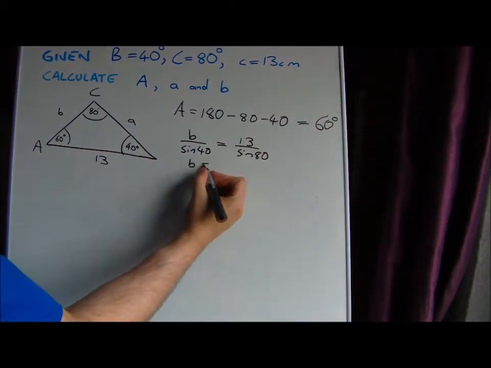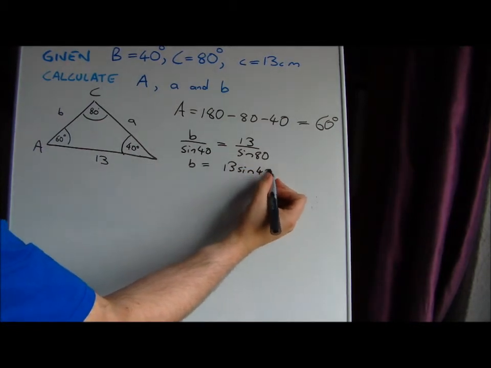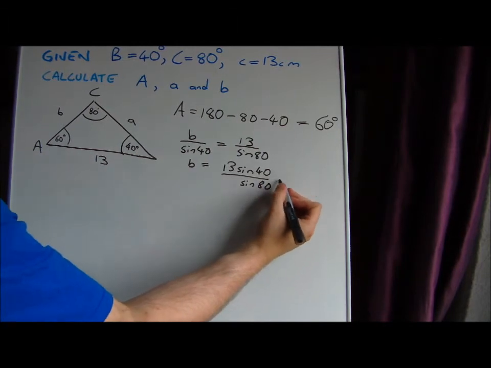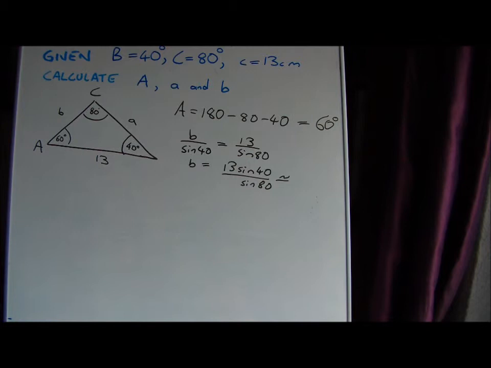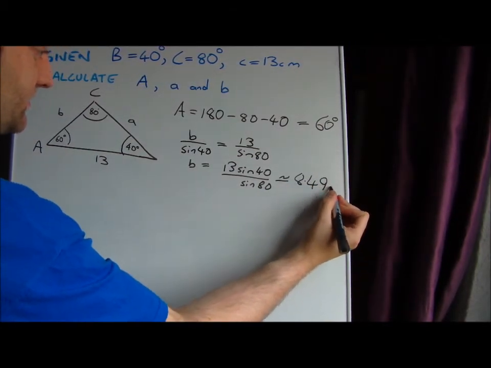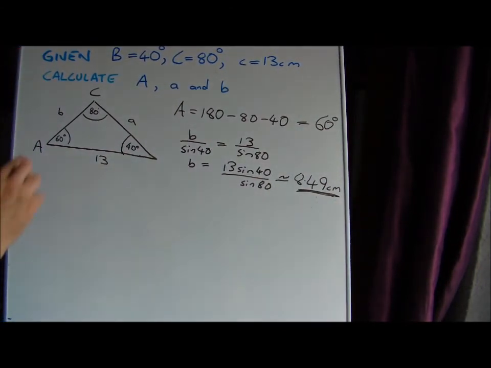So rearrange that to get B is 13 sine 40 over sine 80. So if you just punch those into your calculator, you can get an answer as accurately as you like, but let's maybe make it to 2 decimal places. So it's going to be 8.49 centimeters. So that's side B taken care of.